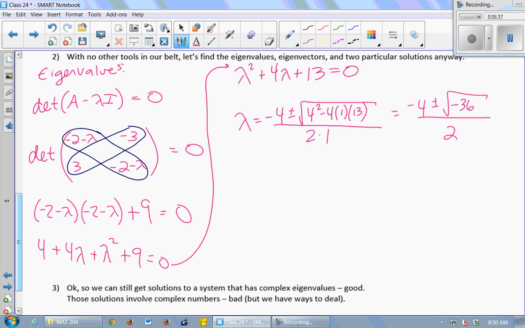How do you deal with a negative under a radical? The letter i. Yeah, you can pull out that negative and it becomes the imaginary number i. So lambda is actually going to be negative 4 plus or minus the square root of 36 is 6, so this is 6i over 2. And then you can divide that 2 into both the real and imaginary parts of the numerator, and you get negative 2 plus or minus 3i. Either one. You can choose either one.